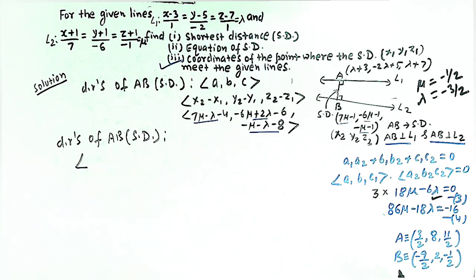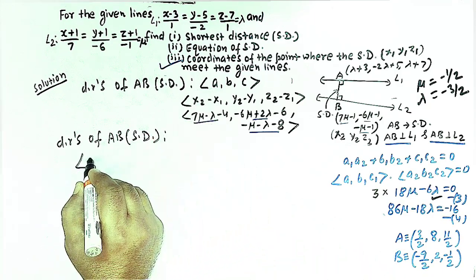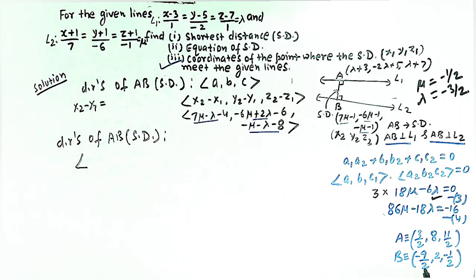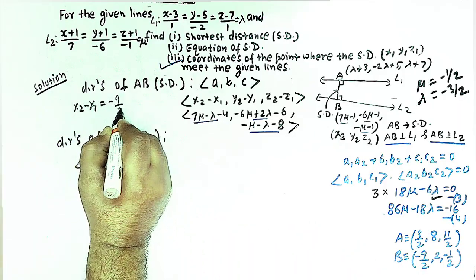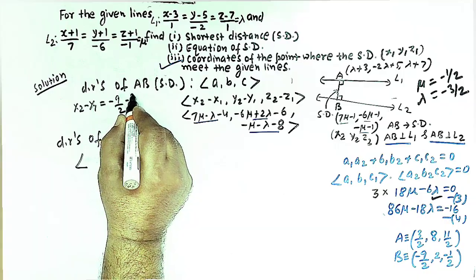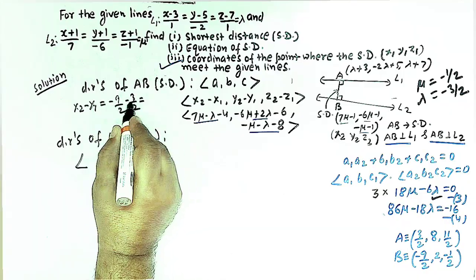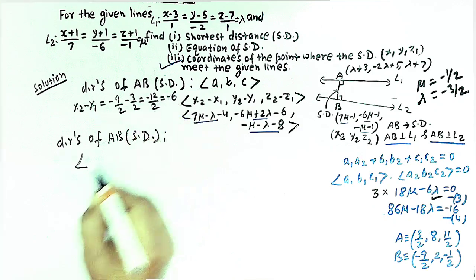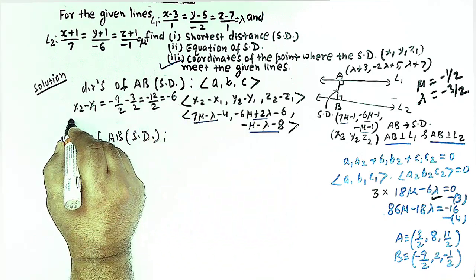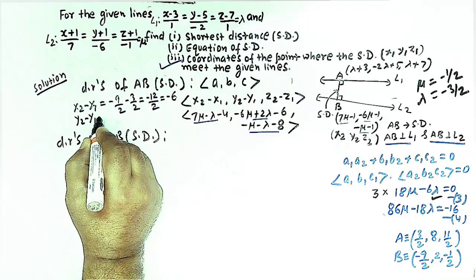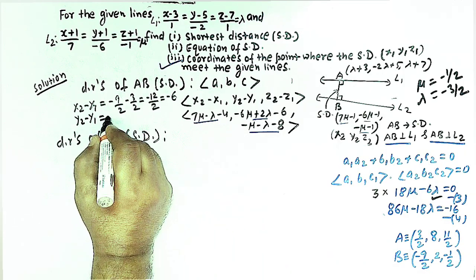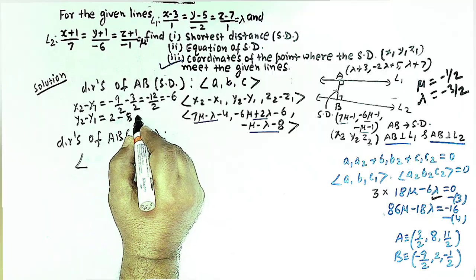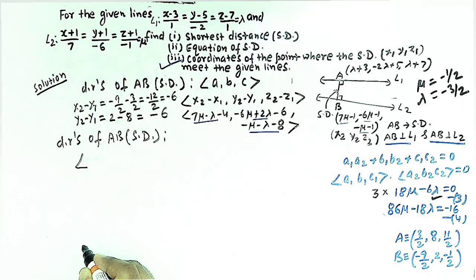So we have here x2 minus x1, that is minus 9 over 2 minus 3 over 2, that is minus 12 over 2, that is minus 6. And then we have y2 minus y1, that is 2 minus 8, and this is minus 6.